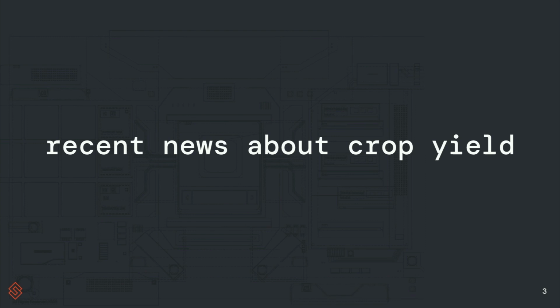Somehow this query talks about some numerical aspect of the data, recent, right? Recent refers to a timestamp, and then crop yield refers to some kind of topic, right? So let's say a user comes in and types a query like this into our system. What can we do about this kind of query?